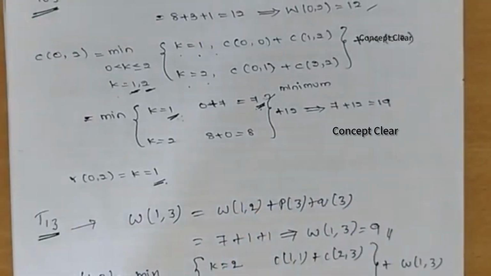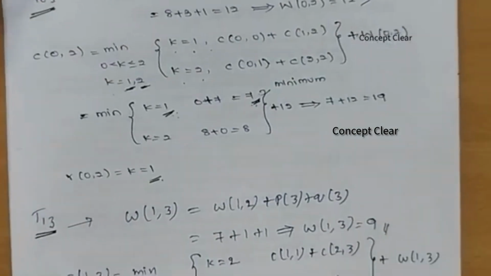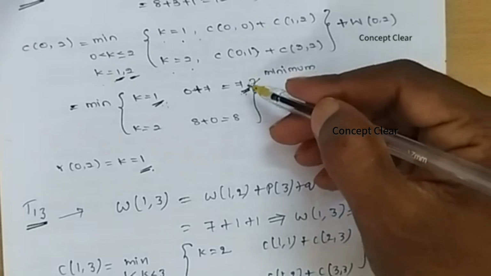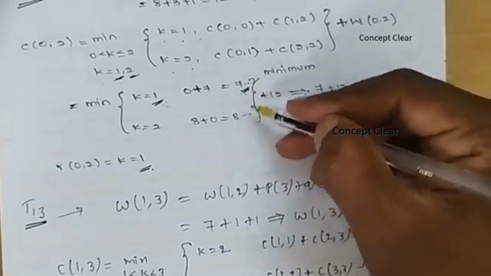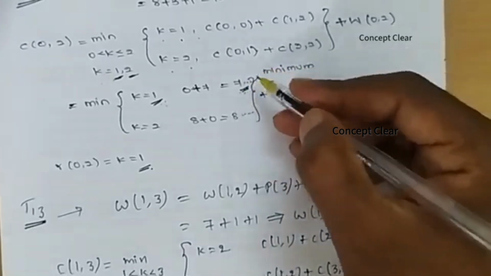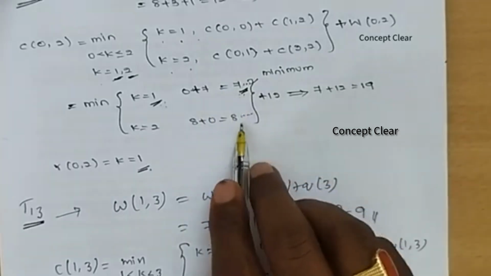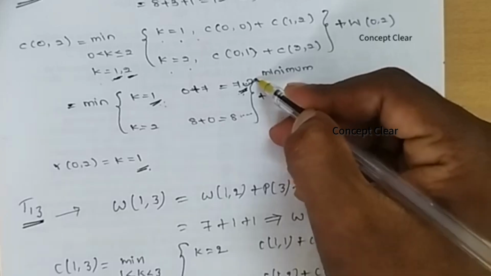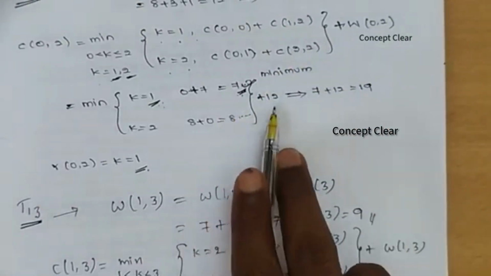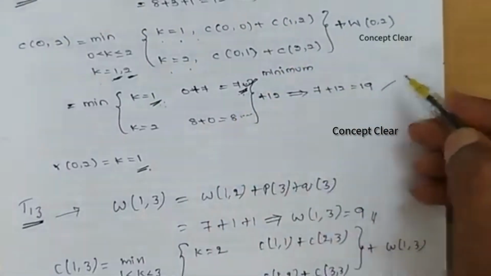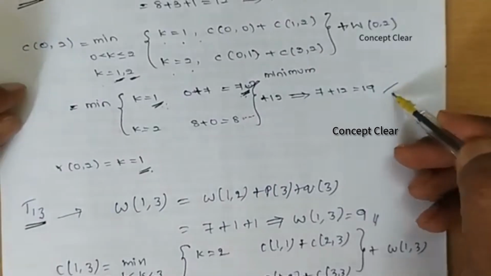Our problem is to minimize, so which is the lesser value? Here we are getting 7, so we pick this 7 value. And 7 plus 12 equals 19. So T02 c value is 19.